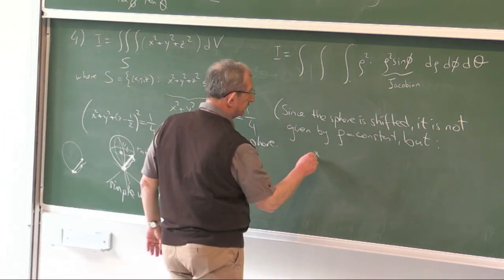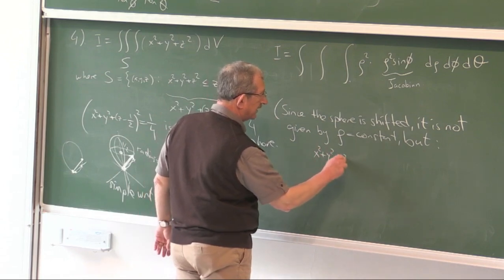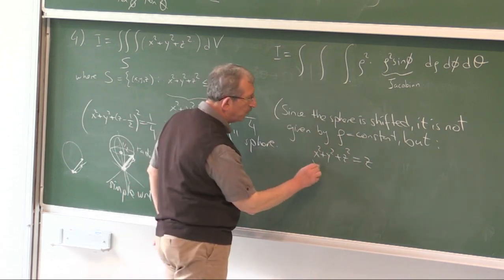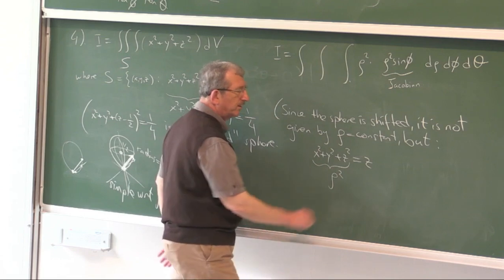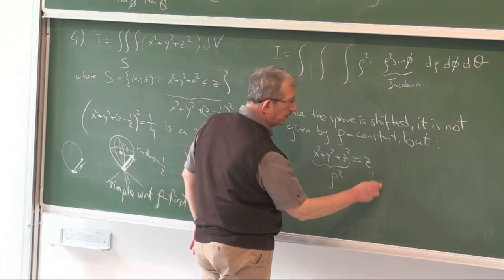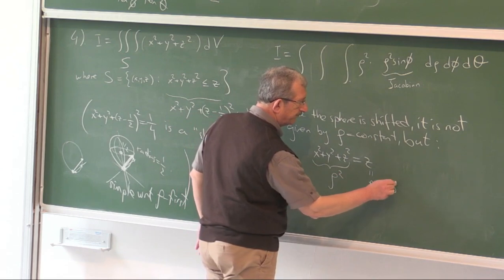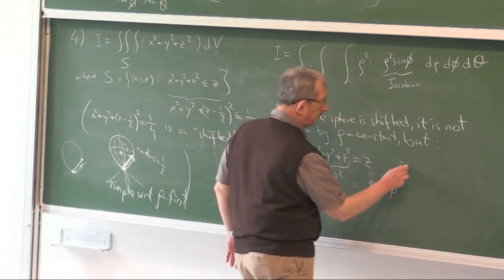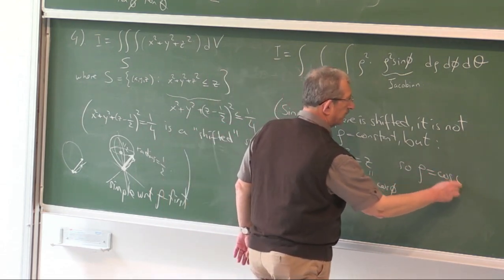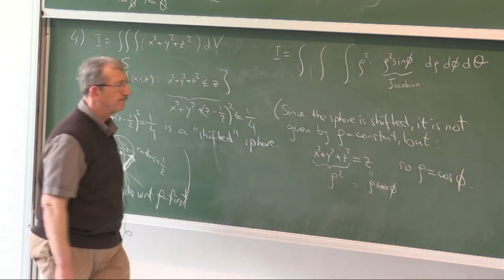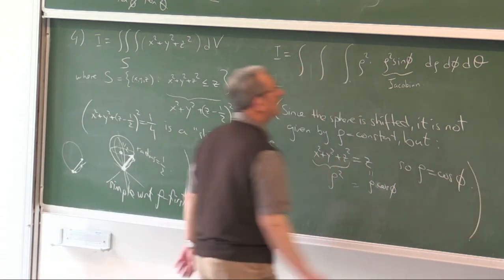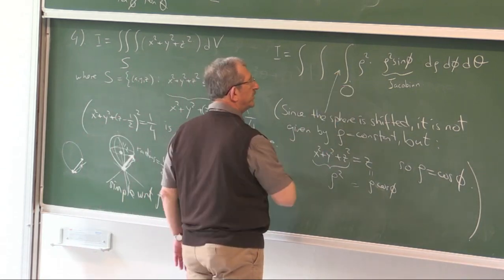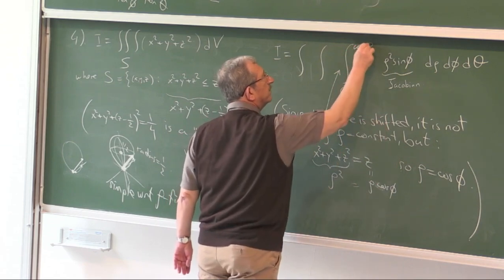So the sphere is this: x squared plus y squared plus z squared is equal to z. Now, this is an easier starting point because we already have rho squared here, and here we have rho cosine phi. So this equality tells me that rho is cosine phi. So, going back, rho starts from 0, goes up to cosine phi.